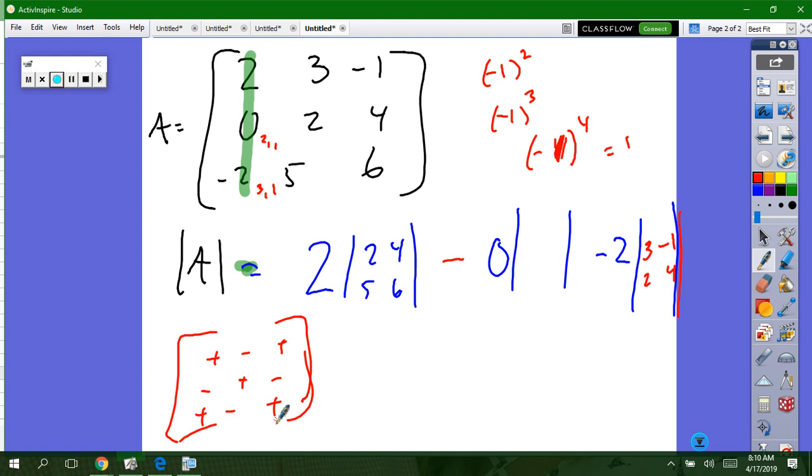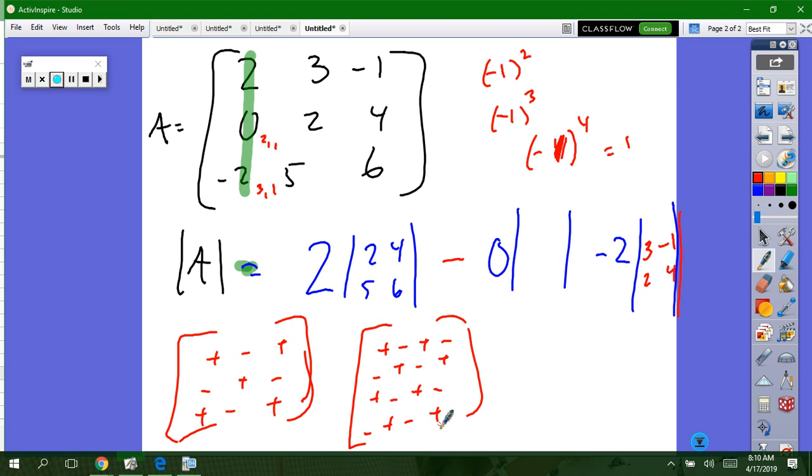So what would it look like on a 4x4? It'd go plus, minus, plus, minus, minus, plus, minus, plus. Does that make sense? It looks like a checkerboard almost. But the reason where these come from is, notice this would be element, once again, what would that element be?